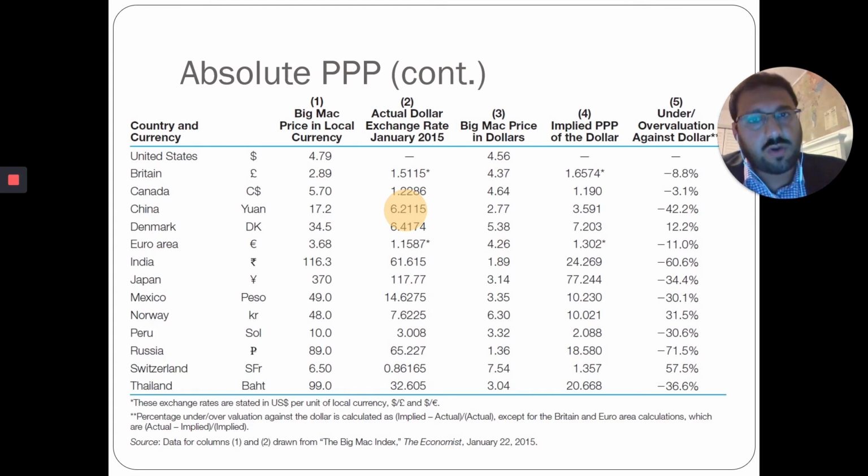So which currency is overvalued and which is undervalued here? Just pause and try to think about it. I think you have been able to figure it out by this time.